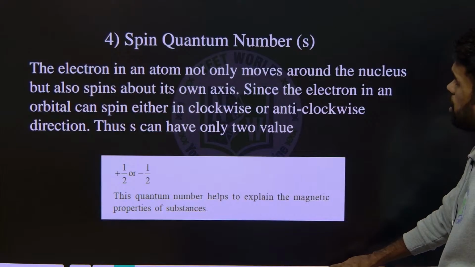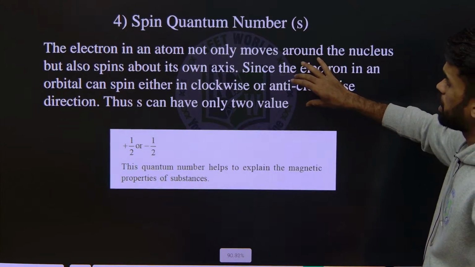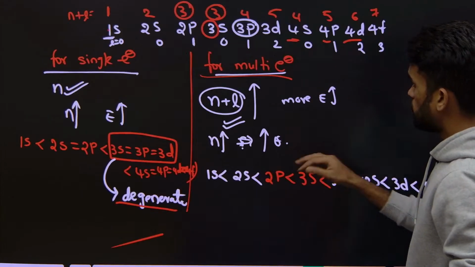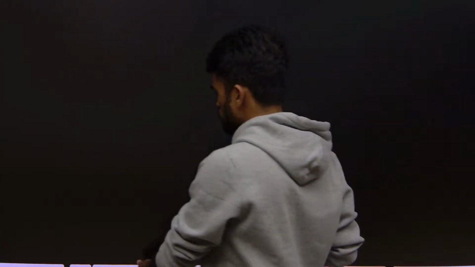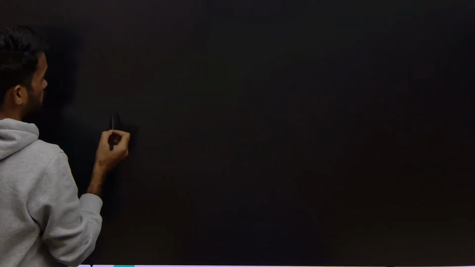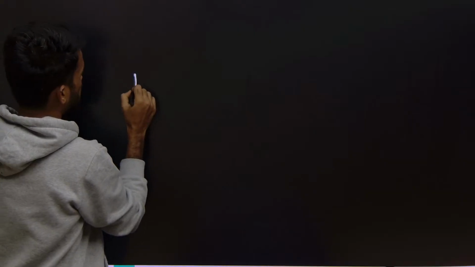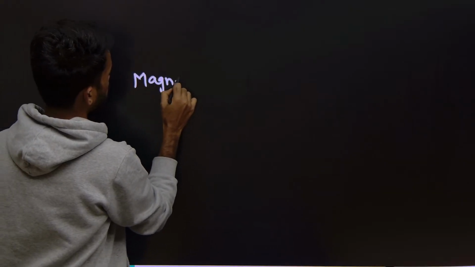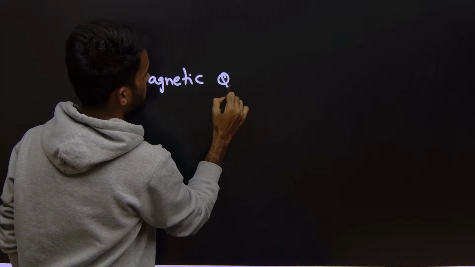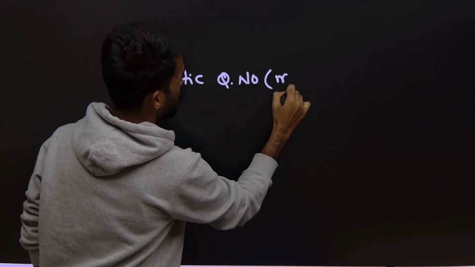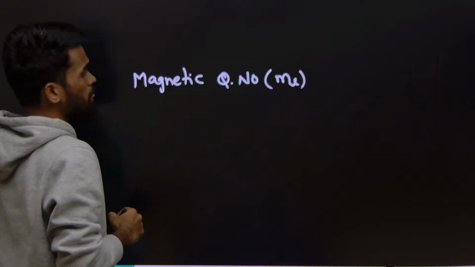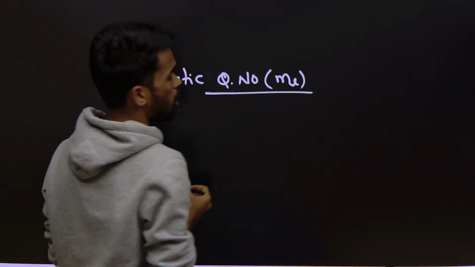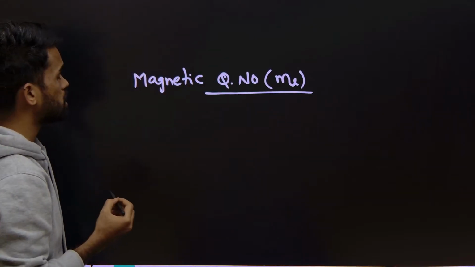Next one here we have the spin quantum number. And before this we have the azimuthal quantum number, over. Next, the magnetic quantum number. This magnetic quantum number is indicated with the symbol ML, and it gives the orientation of orbitals.